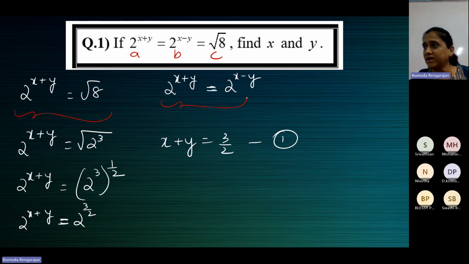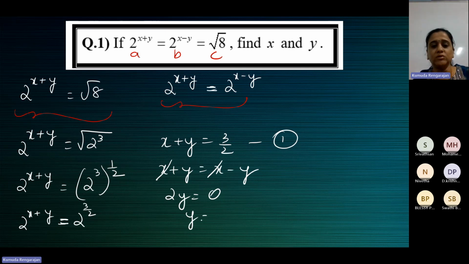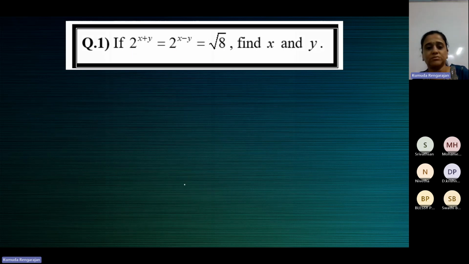Bases are same on both sides, so equate the powers. So we have x plus y is equal to x minus y. x and x get cancelled. So you have y plus y, 2y is equal to 0. So y is equal to 0. If you put y as 0 here, x is equal to 3 by 2. The value of x is 3 by 2.